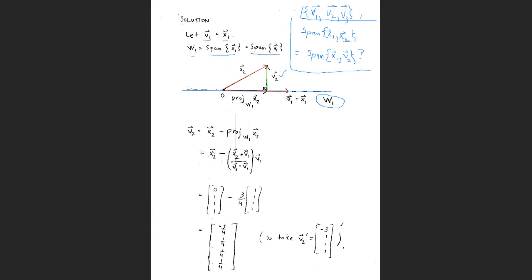Is the two-dimensional subspace spanned by x1 and x2 equal to the two-dimensional subspace spanned by vectors x1 and v2?